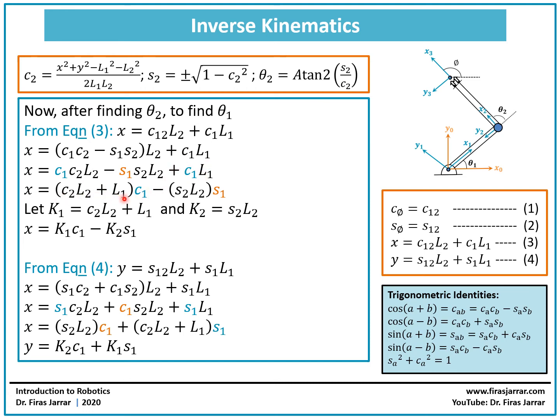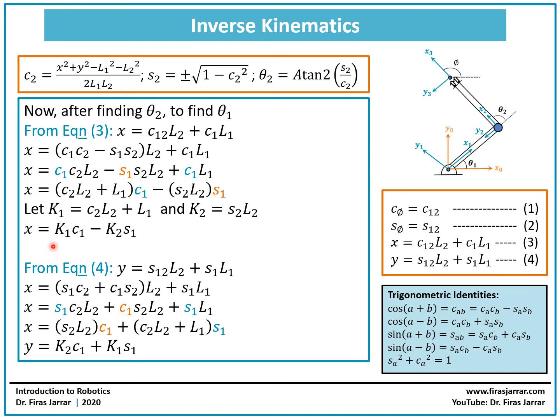What we are doing is just rewriting equation 3, moving around some terms. Now, cosine 2 is already found. L2 is a constant. L1 is a constant. So I can give this term a new name, call it K1. And the same thing here: sine 2 is given, already found before, and L2 is also a constant. So I can call this K2.